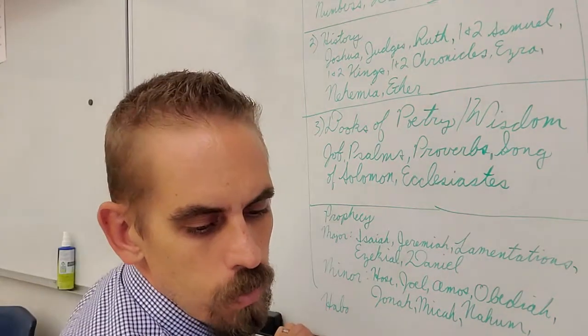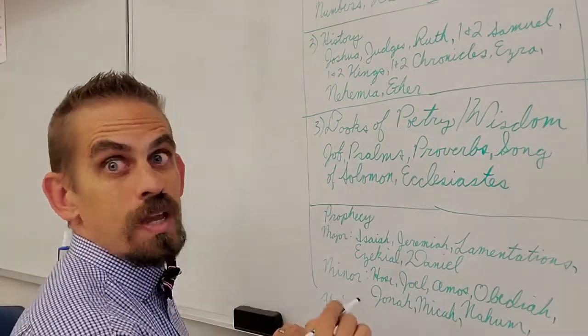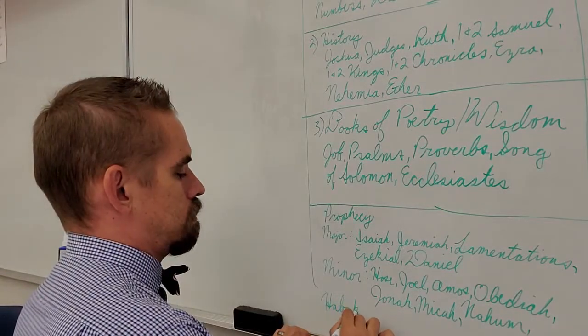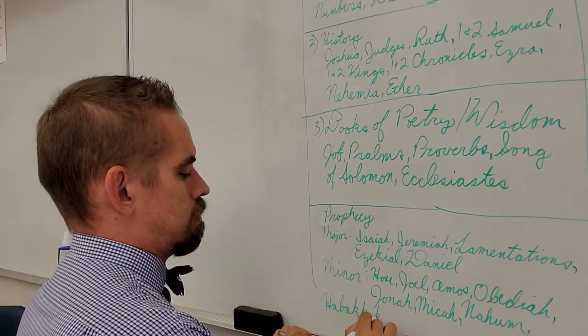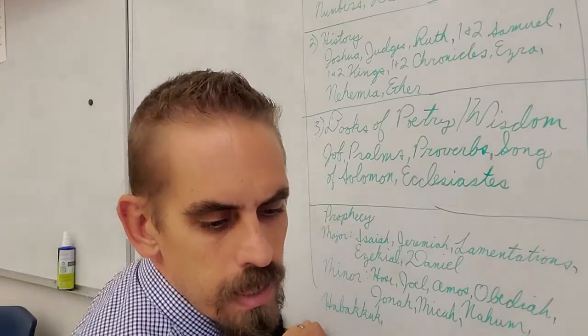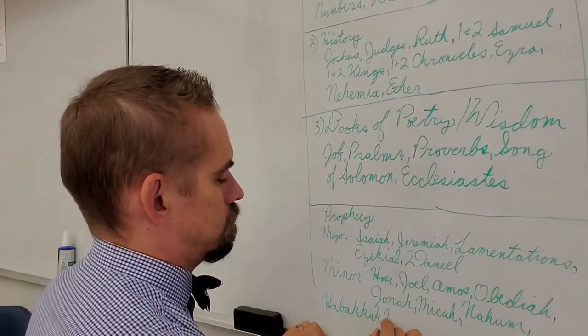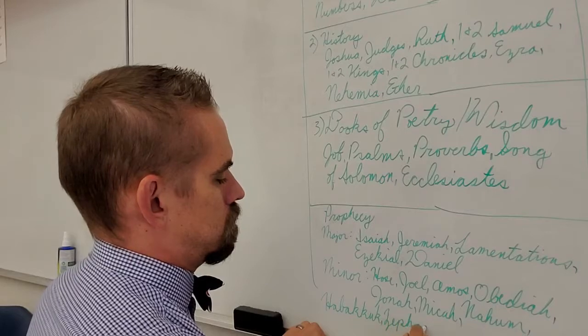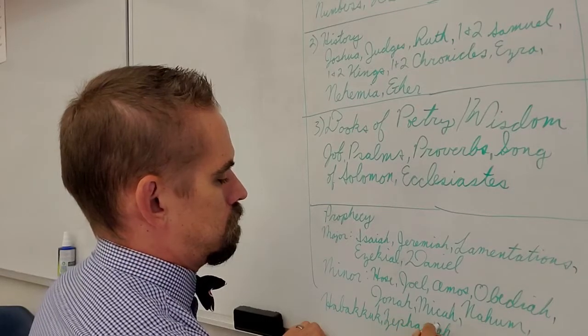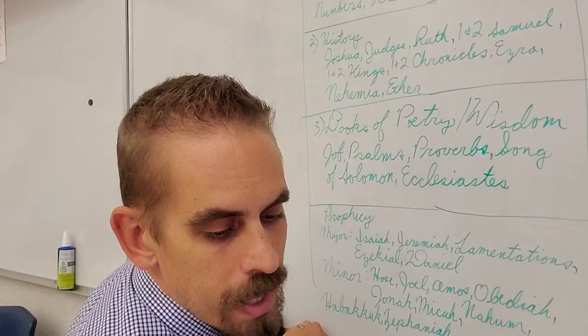Is that 2 Ks or 1? That is 2 Ks. Zephaniah. Couple more. Haggai.